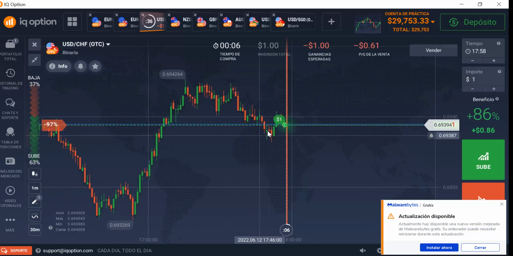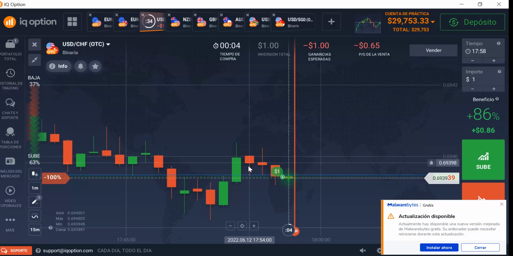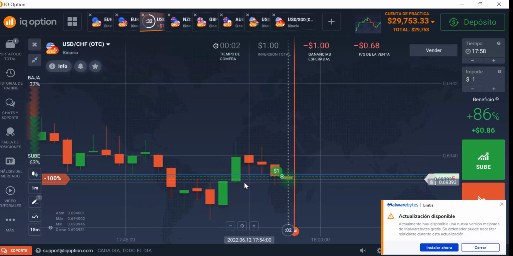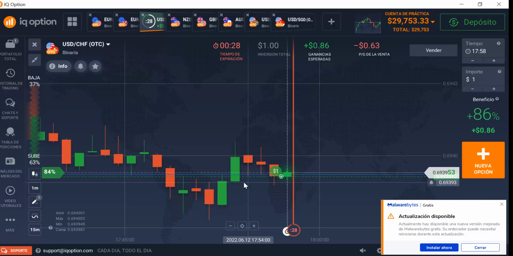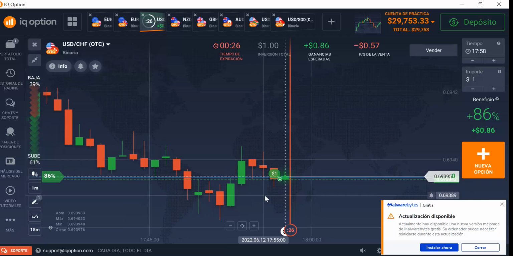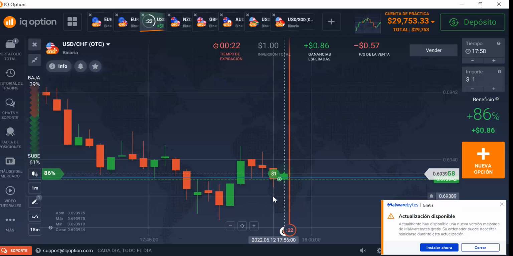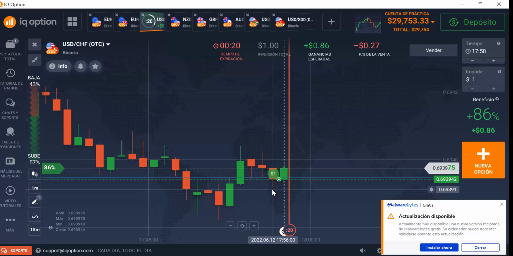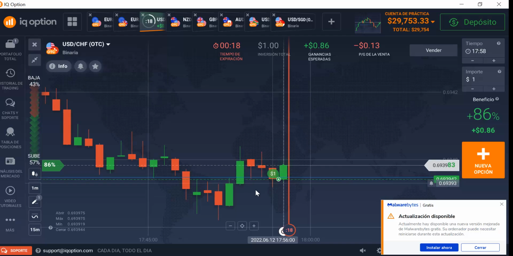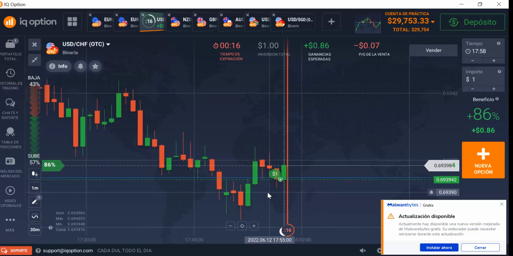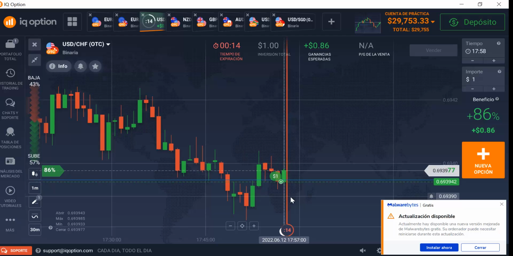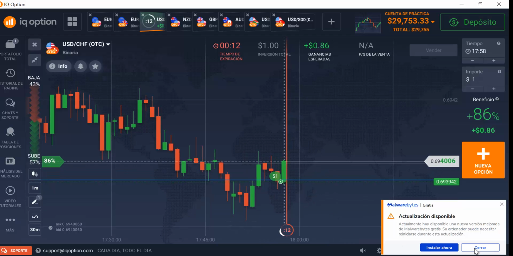Although the market is going down, I see that these three candles couldn't pass this green one. So that's why I believe that the market is going to go up in this area. And also, you can see that there is a rejection from this area. So that's right, I take a higher option there.